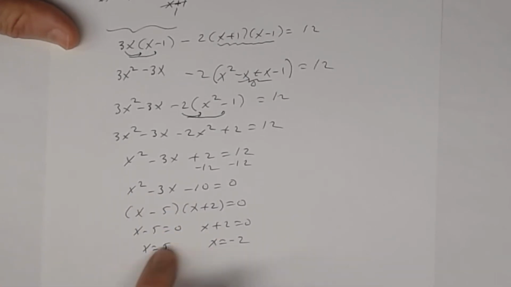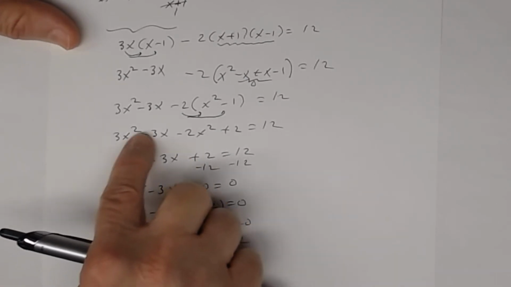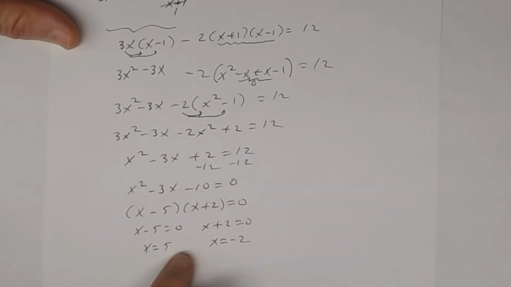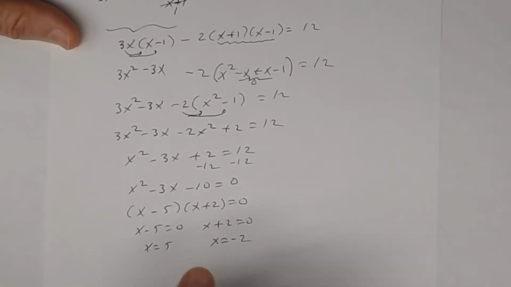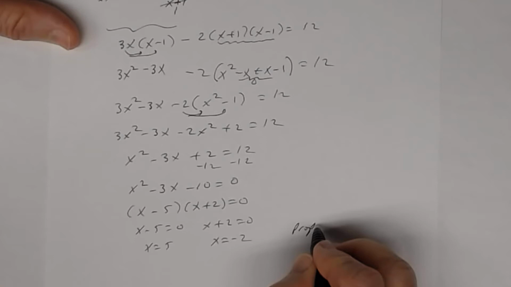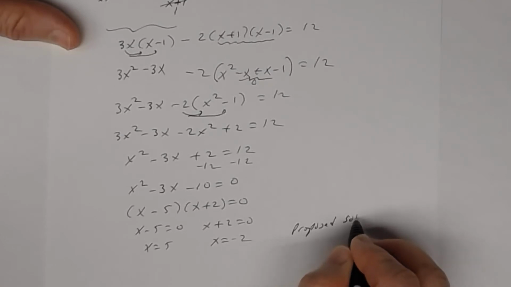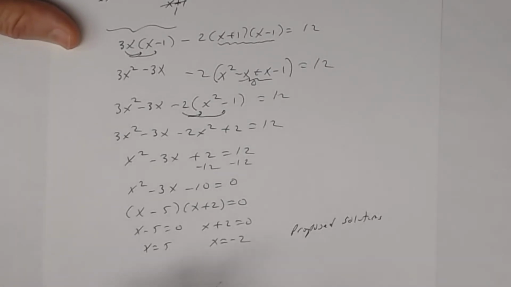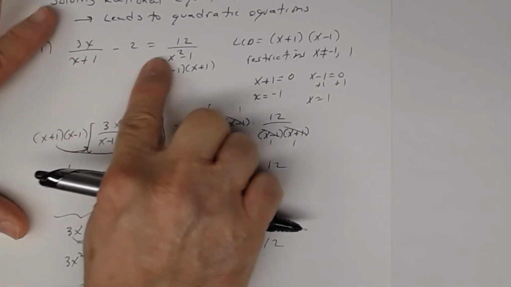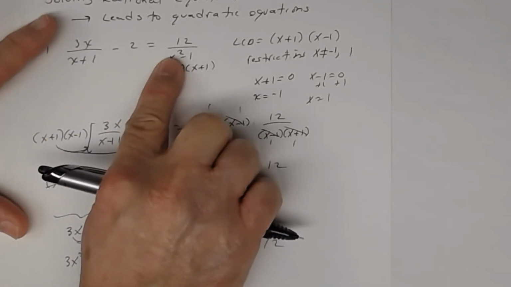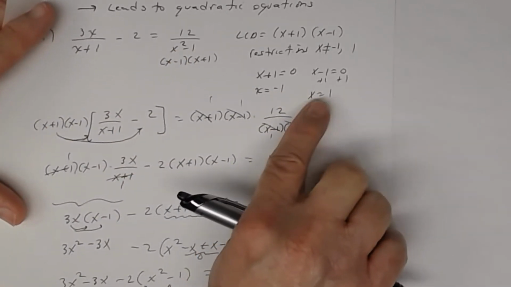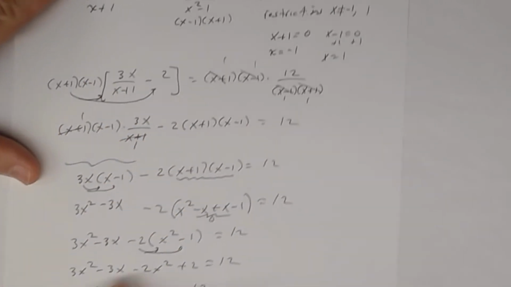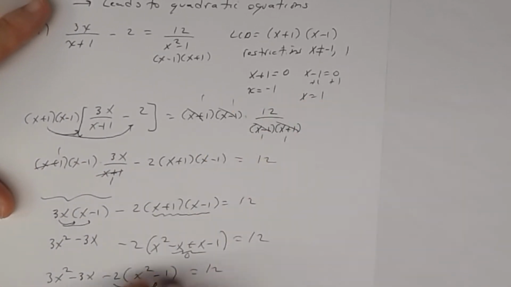So these are solutions to each of those quadratic equations. But the question is, are these proposed solutions, as I'm calling them, solutions to the original equation? And all you have to do is look for those restrictions. As long as I did this work correct, that's all you have to do. Look to see if there are restrictions.